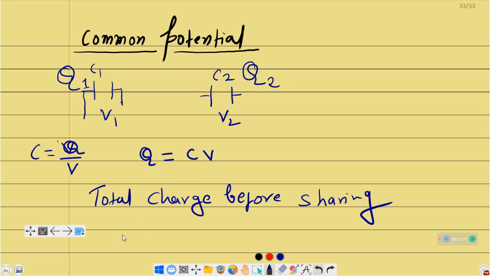So the total charge will be Q1 plus Q2, and we know Q is the product of C and V, so it becomes C1 V1 plus C2 V2.